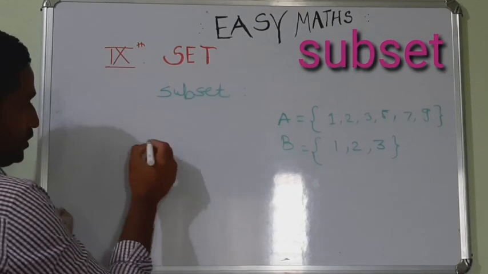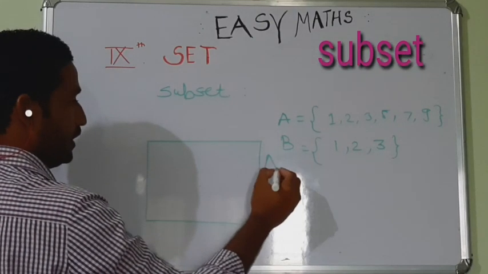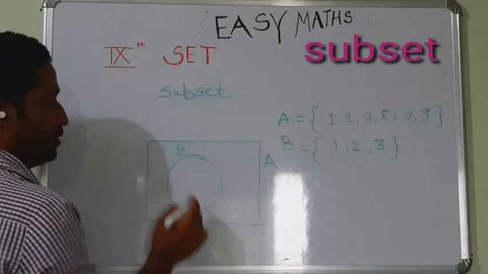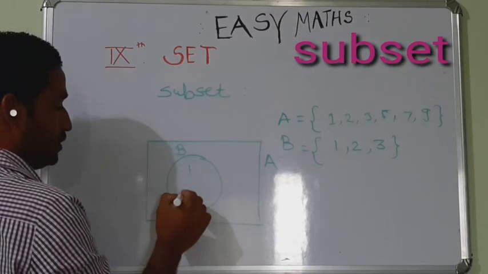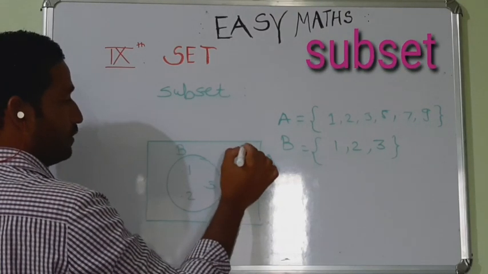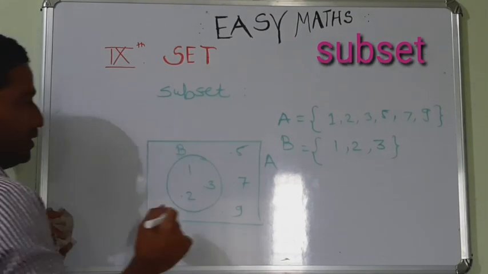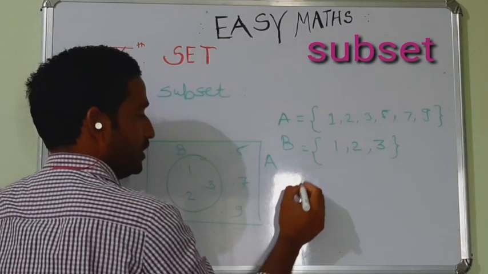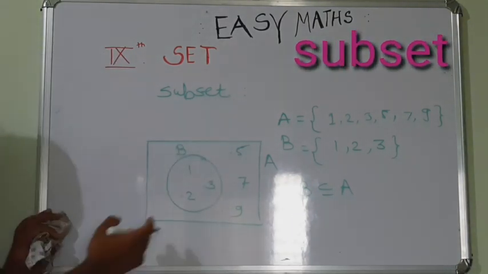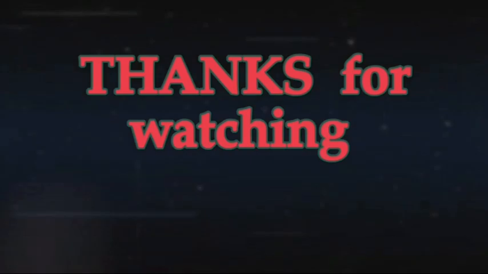Then this is our set A and this is our set B. Here 1, here 2, here 3. Remaining elements are 5, 7 and 9. Then B is a subset of set A. This is represented by a Venn diagram.